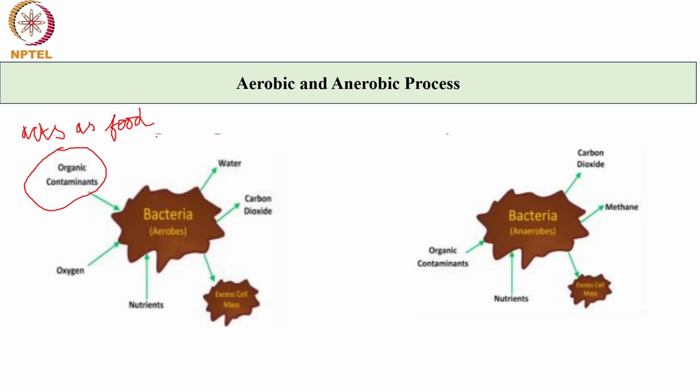And since the bacteria is aerobic, it requires oxygen intake and some nutrients like nitrogen and phosphorus for building their bodies. We know these nitrogen and phosphorus nutrients in an aerobic system are required in some percentage for the bacteria to build up their own body mass. They consume these things and build up mass.